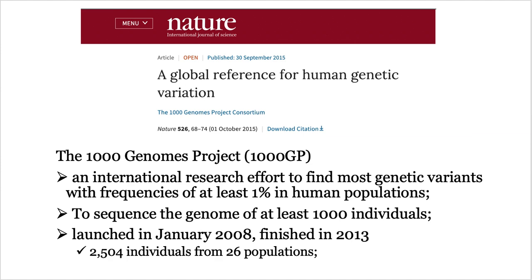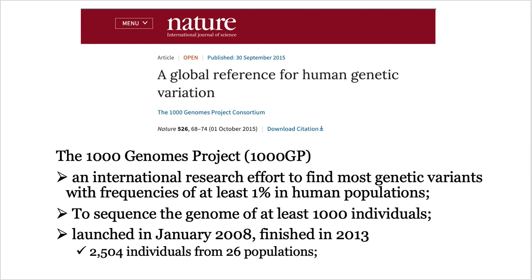So this project was started in 2008. It was a few years after the Human Genome Project was finished. The original goal was to sequence at least 1,000 individuals, but when it finished in 2013, it sequenced many more, 2,500 individuals.